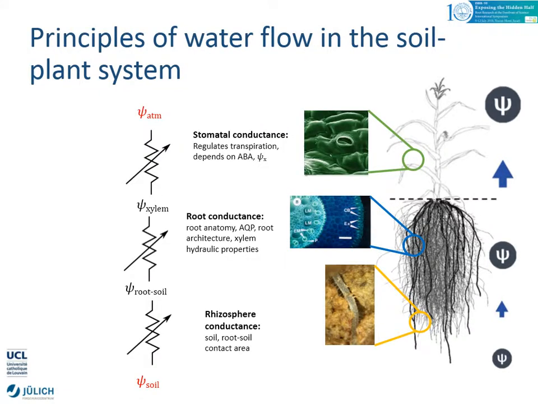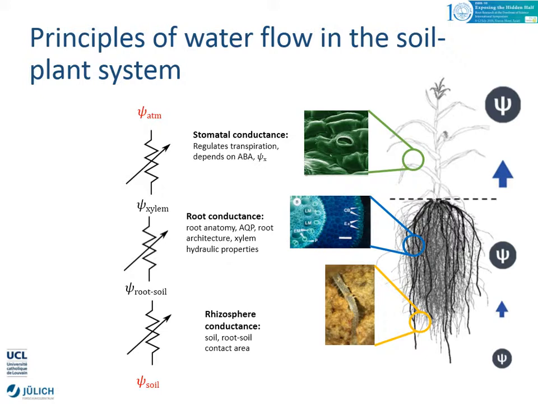And when we look closer to the system, we see that there are three big resistances or conductances for the transport of water: the rhizosphere, the soil root contact area, mucilage, root hairs; the root conductance, which depends mainly on its anatomy and root architecture; and then in the leaves, the stomatal conductance.